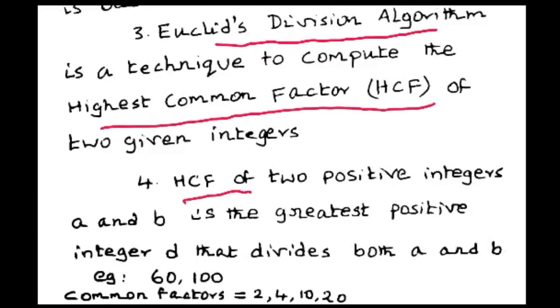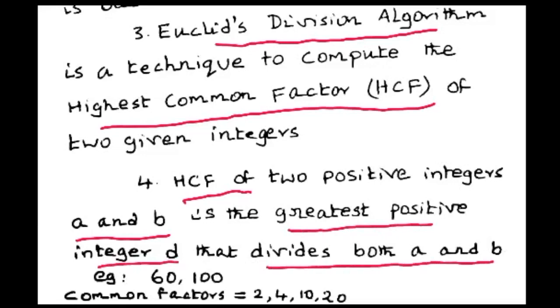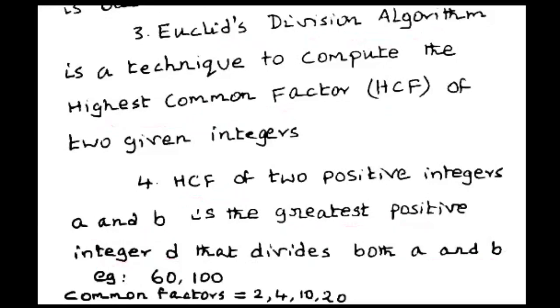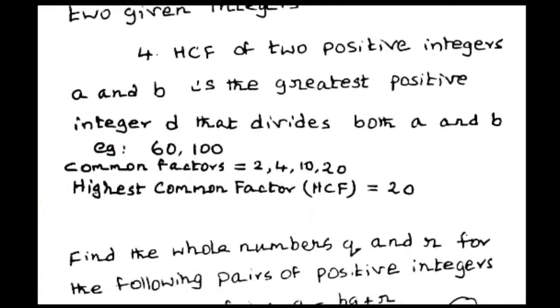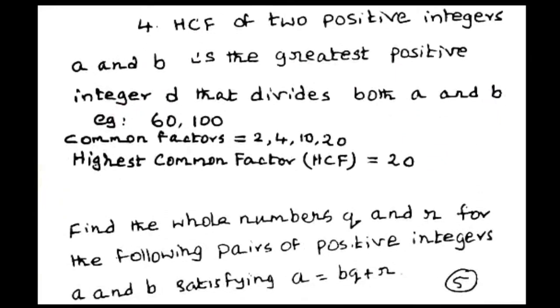HCF of two positive integers A and B. What is the highest common factor? The highest common factor of two positive integers is defined as the greatest positive integer D such that D divides both A and B. Now we can understand the concept of highest common factor by considering an example.